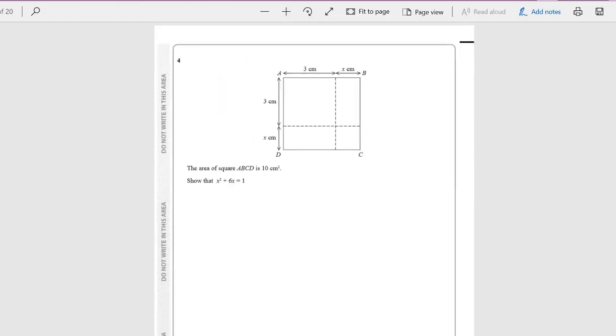Question 4. The area of square ABCD is 10 centimeters squared. Show that x squared plus 6x equals 1. We know the area of the square is length times width.